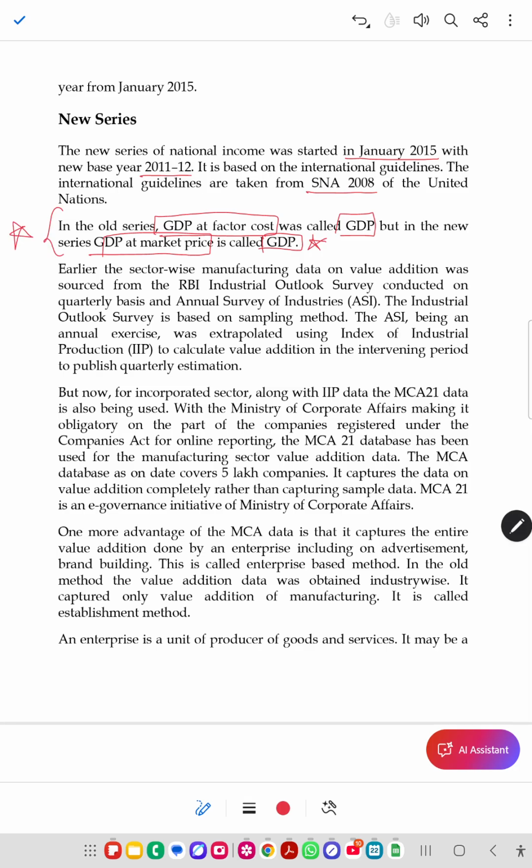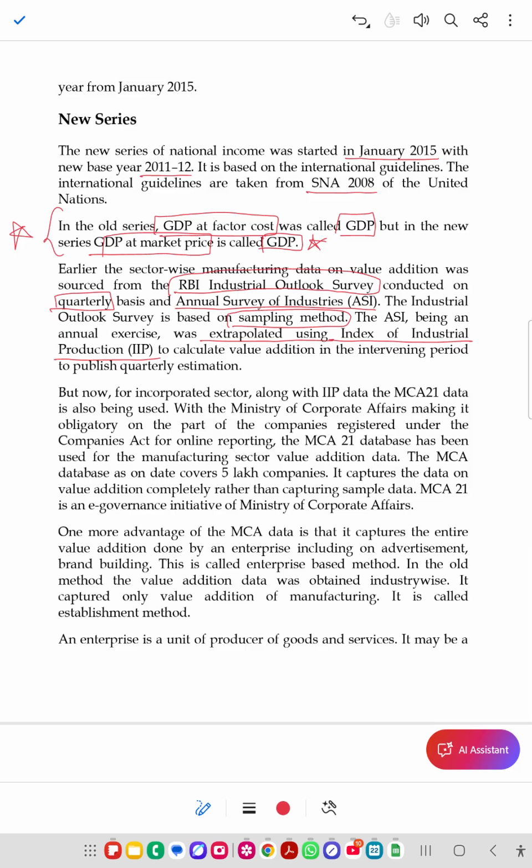Earlier, sector-wise manufacturing data on value addition was sourced from the RBI Industrial Outlook survey conducted on a quarterly basis and the Annual Survey of Industries. The Industrial Outlook survey is based on the sampling method. The ASI, being an annual exercise, was extrapolated using the Index of Industrial Production (IIP) to calculate the value addition in the intervening period to publish quarterly estimates.